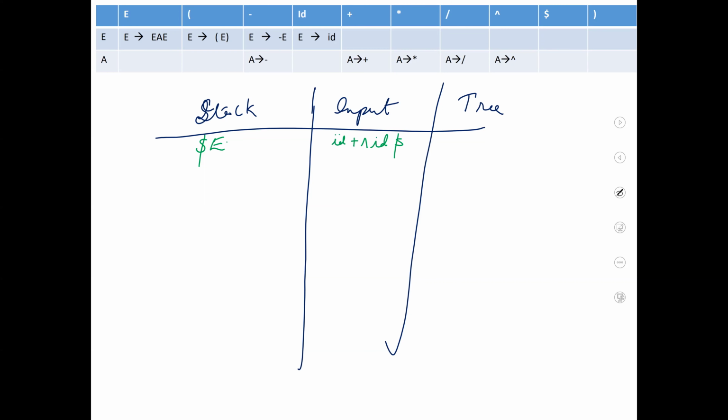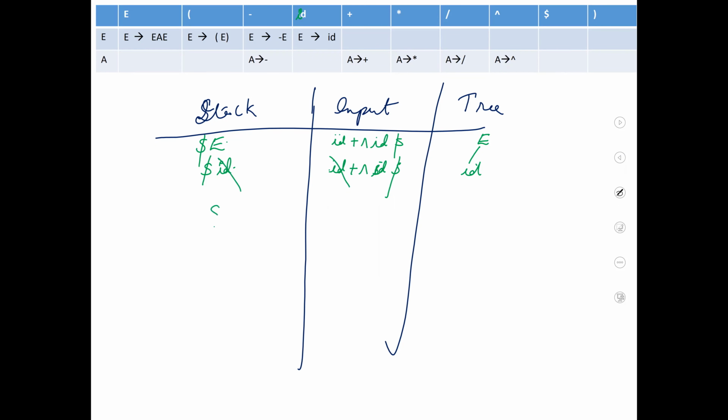E encounters a small ID. So they're telling me to replace E with ID. So I get dollar ID over here, and here I have ID plus cap ID. ID encounters ID, it gets cancelled off, popping.